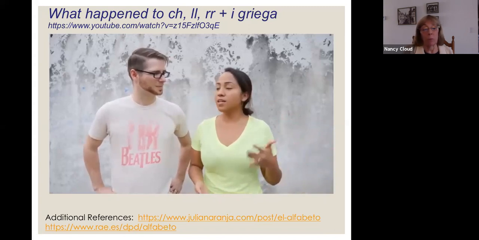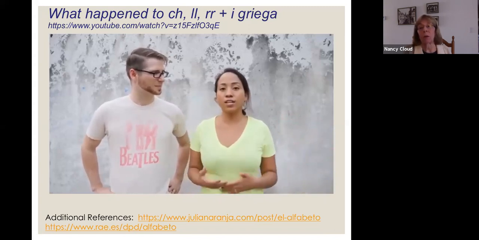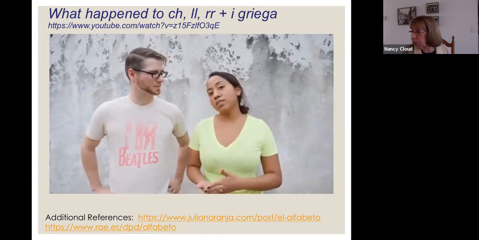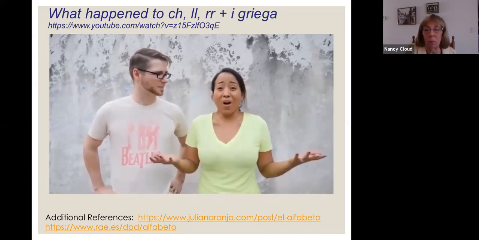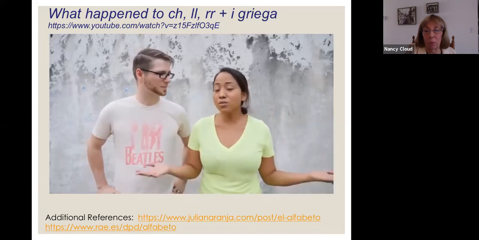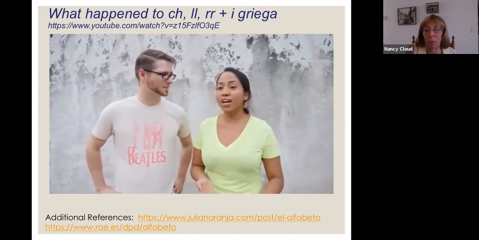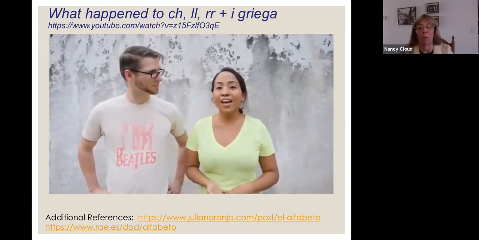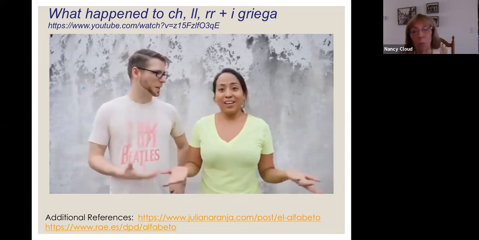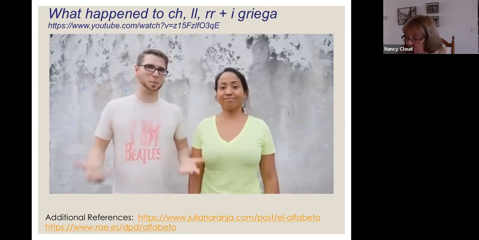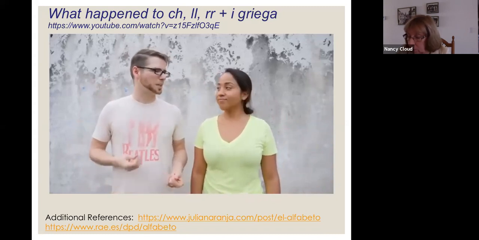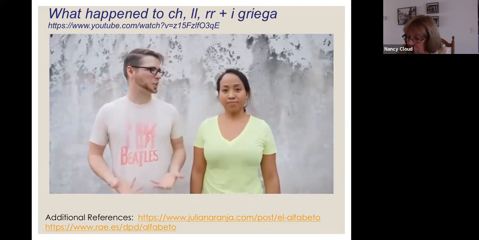And ever since 1994, they started not including them in the new dictionaries. But somehow, when I went to elementary school, I learned the alphabet with che and doble L and doble R. And in some of my first Spanish classes, I remember hearing these sounds as if they were part of the alphabet. But that was just when they were really actually starting to change, right?